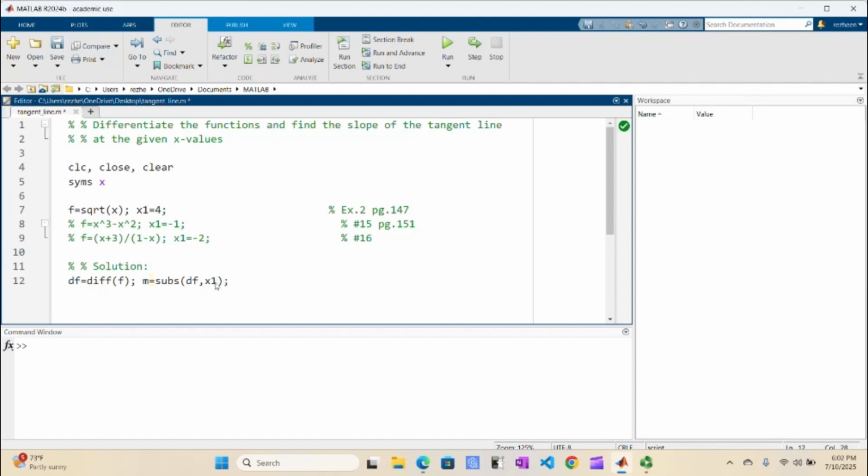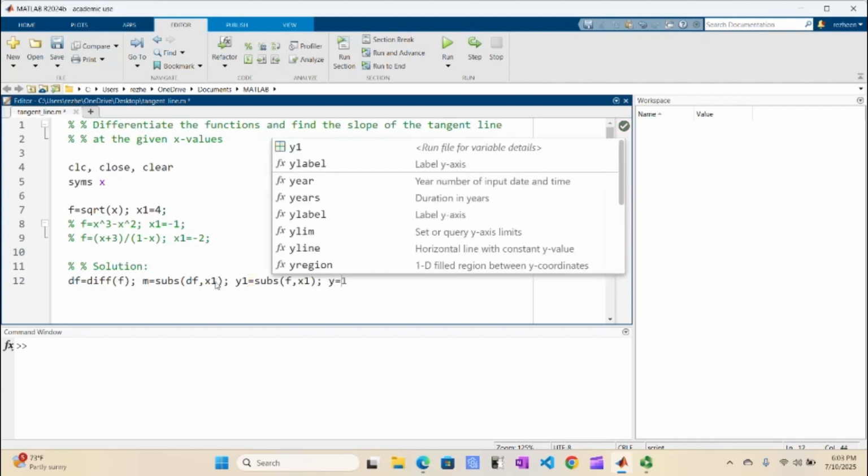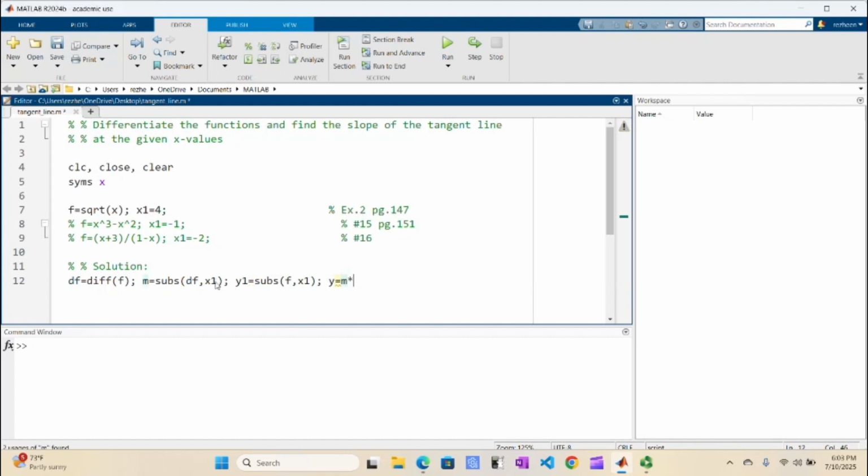All right. Next, I'm going to find the value of y1 that we'll need for the equation of the tangent line. So we'll say y1 equals subs f comma x1. All right. So the last thing we need here is y equals m times x minus x1 plus y1.